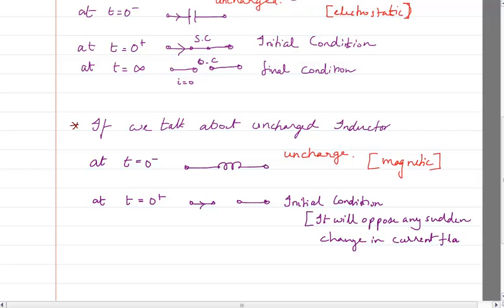Even if you change the voltage across the inductor, it will not allow that much current suddenly to pass through it, because the inductor has that characteristic that it does not allow sudden change in current flow. So when you try to pass some current through it, it will not allow that change, because of which it will act as an open circuit initially.